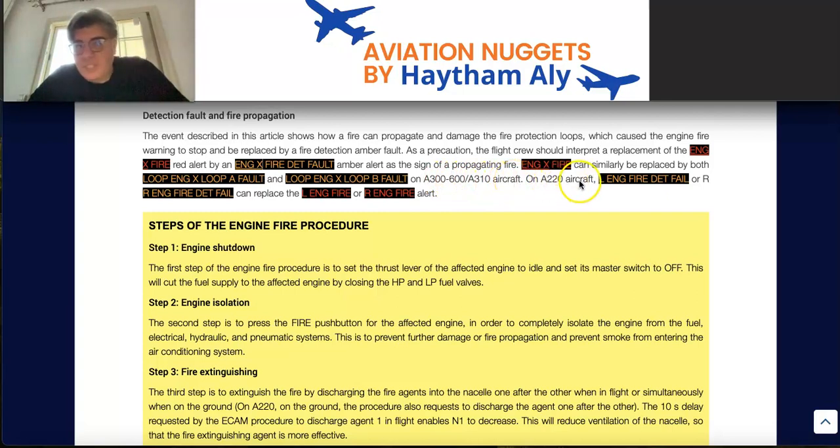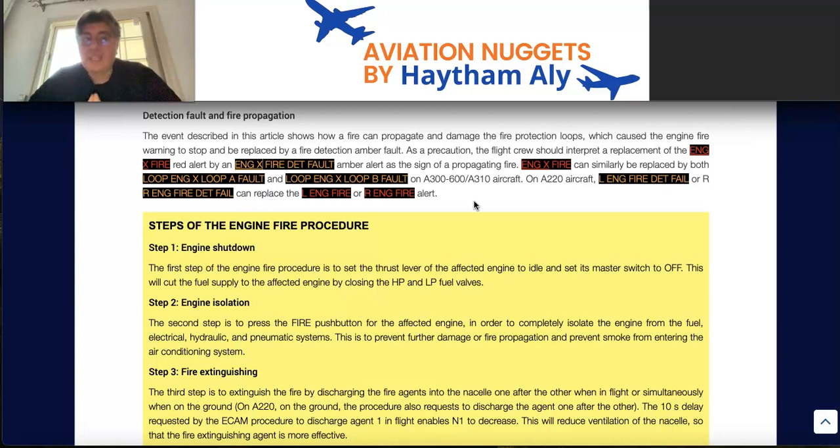And on A220 aircraft, left engine fire detection fail or right engine fire detection fail can replace the left engine fire or right engine fire alert. Okay, everybody? So again, this is a very good best practice and a very good summary.